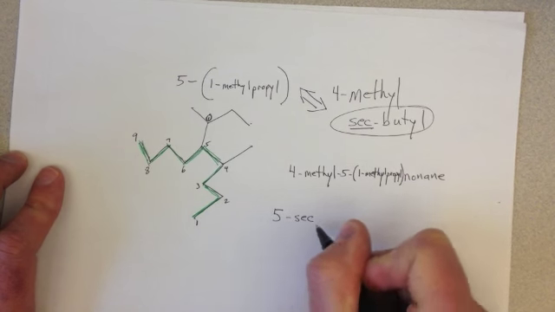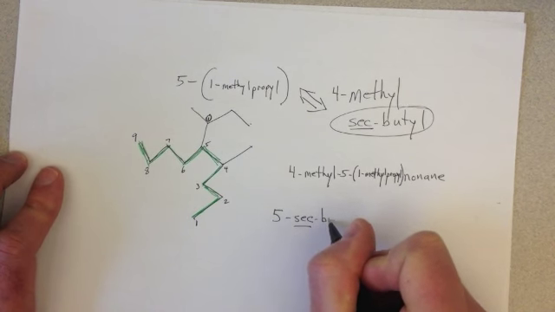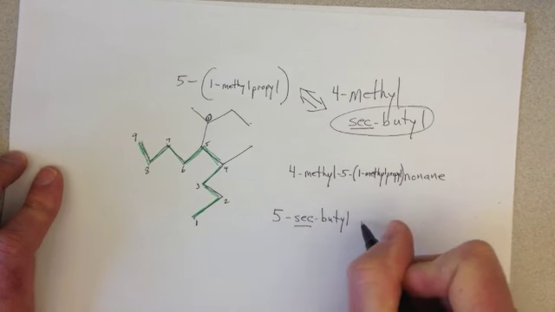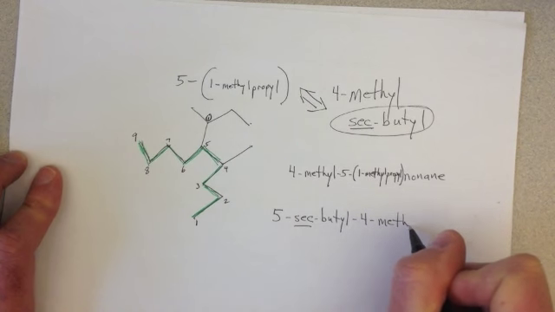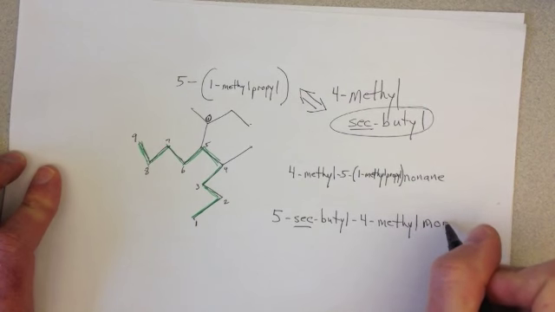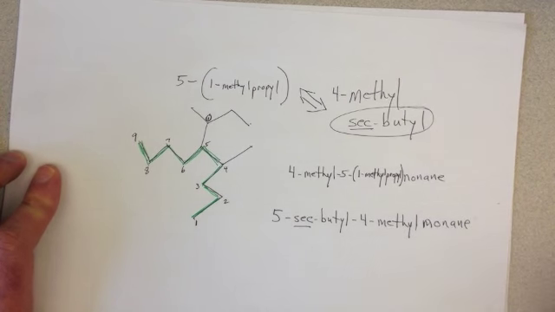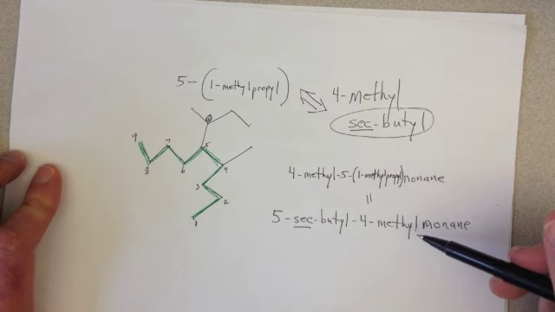I could also have called this a 5-sec-butyl-4-methylnonane. I'm underlining sec because it would be in italics. That would work also. Either of these answers is acceptable.